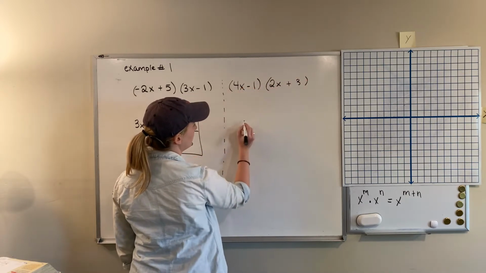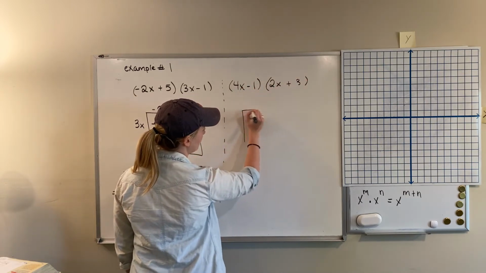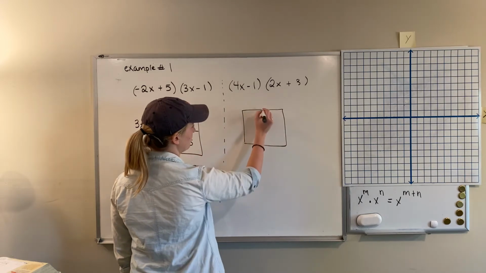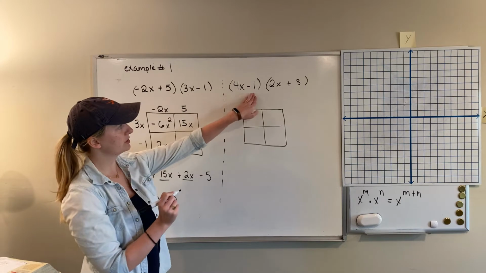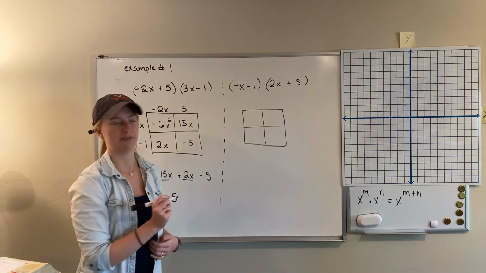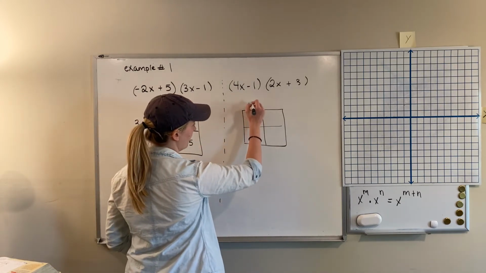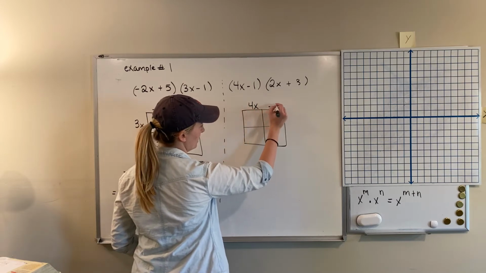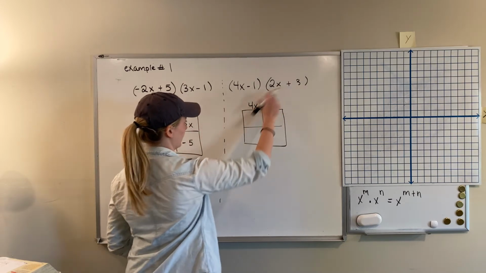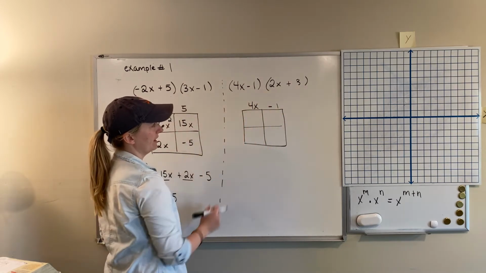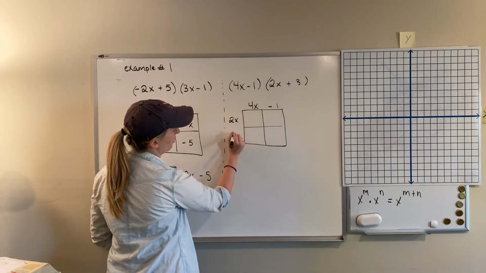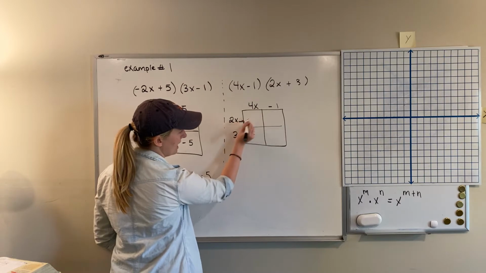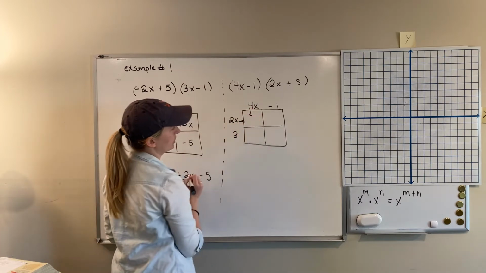Alright, step 1, draw your box. Break it up into fourths. Take your first term, put each term above an individual box. So 4x and negative 1. Take your second term and put it by the vertical of each individual box. So 2x and 3.